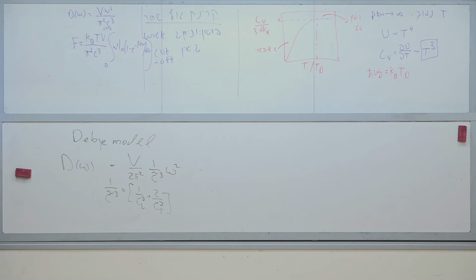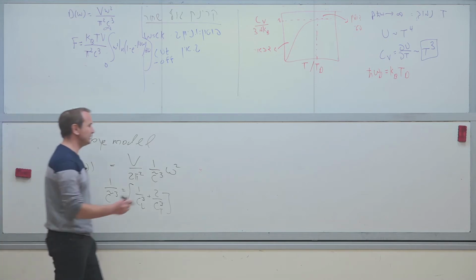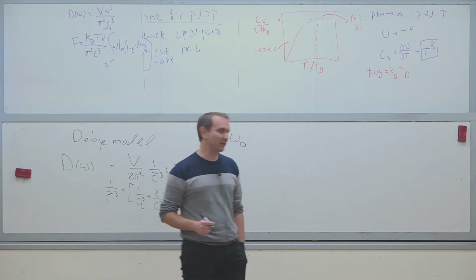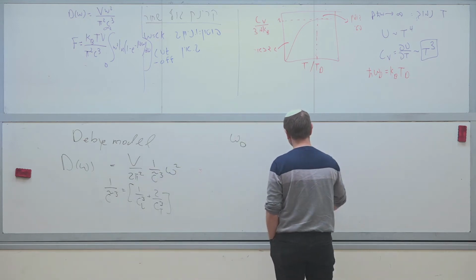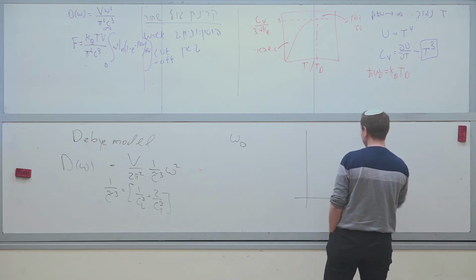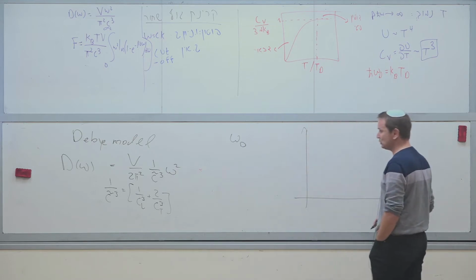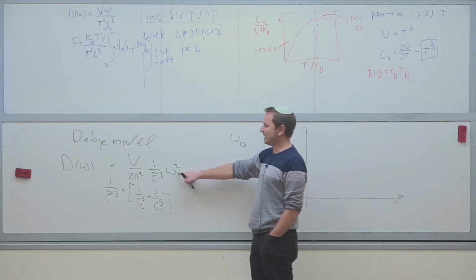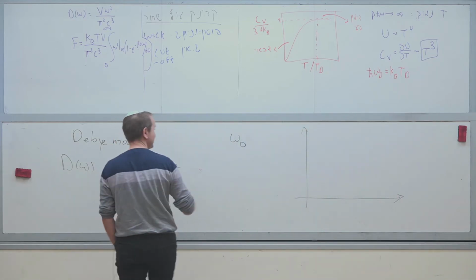Another thing is that we calculated omega Debye. What we mean by omega Debye: our spectrum, D of omega, went exactly like this.